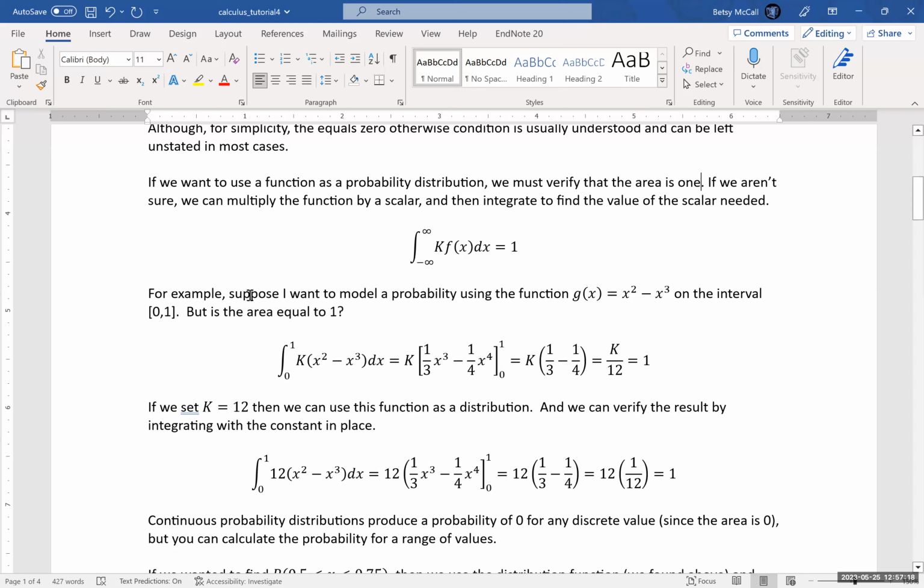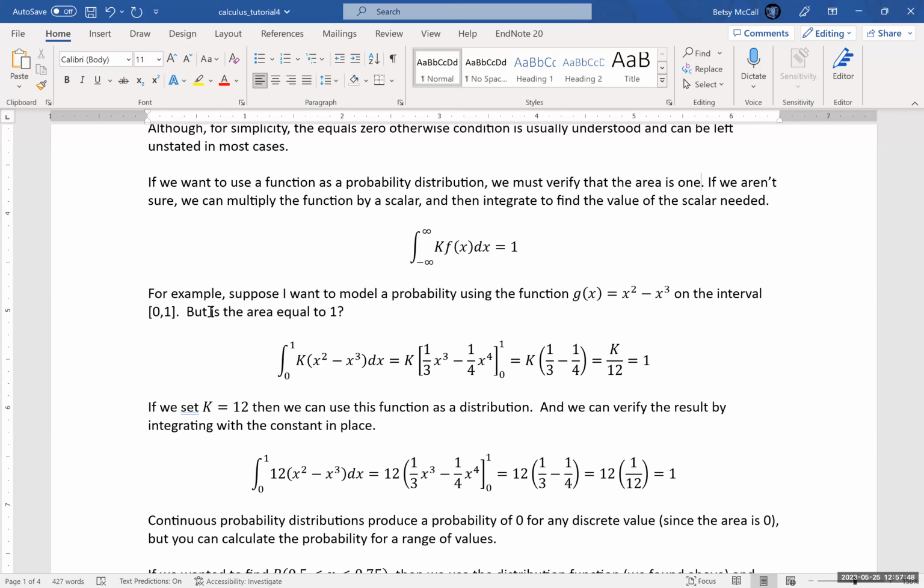So for example, suppose that I want to model a probability distribution using this function, x squared minus x cubed on the interval 0, 1. If you graph this, you will see that it is a positive section of the curve. It's 0 on either end at 0 and 1, but it takes on only positive values in the middle.